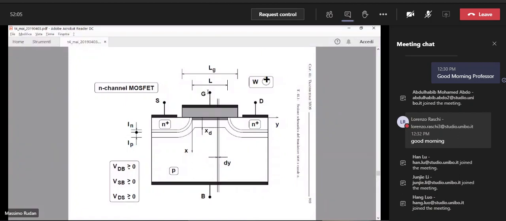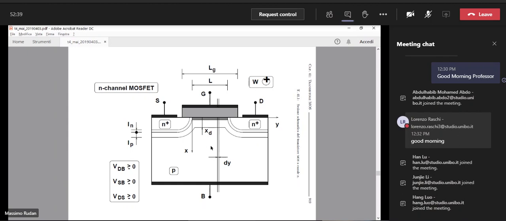Well, you can observe that if you start from the gate metal, you have metal followed by insulator followed by semiconductor. So if you look at it vertically, you have an MOS structure, okay? So we can use some of the concepts that we already met for the MOS capacitor.